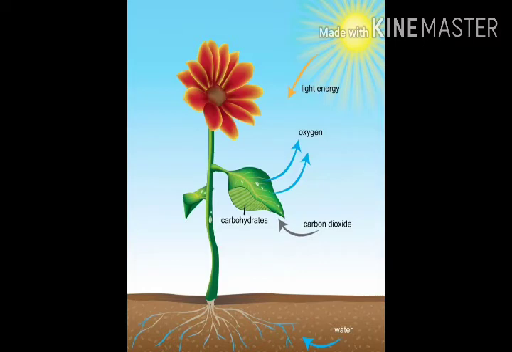By using sun energy, it converts water and carbon dioxide into its food. It then releases a gas named oxygen, which exits through the holes in the leaves. Finally, the food is passed to all the parts of the plants.